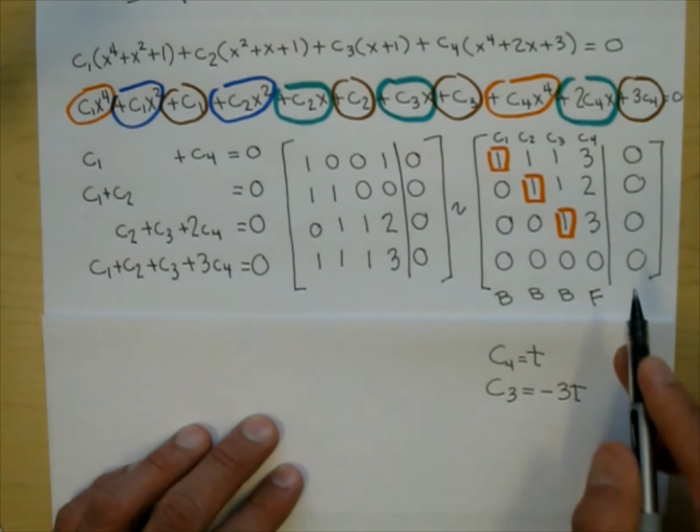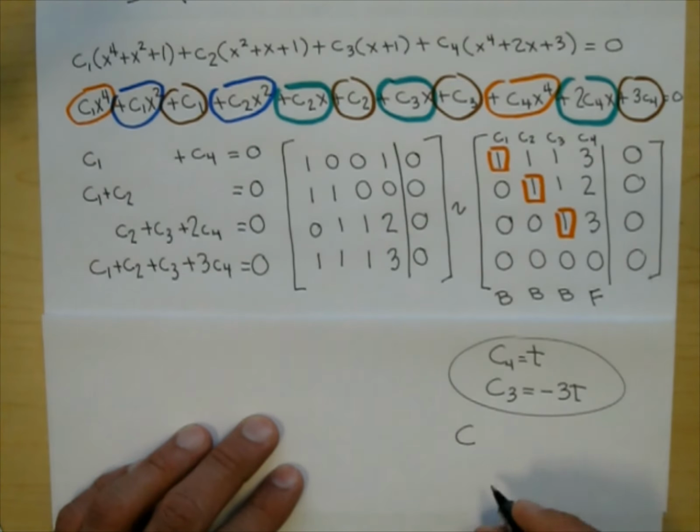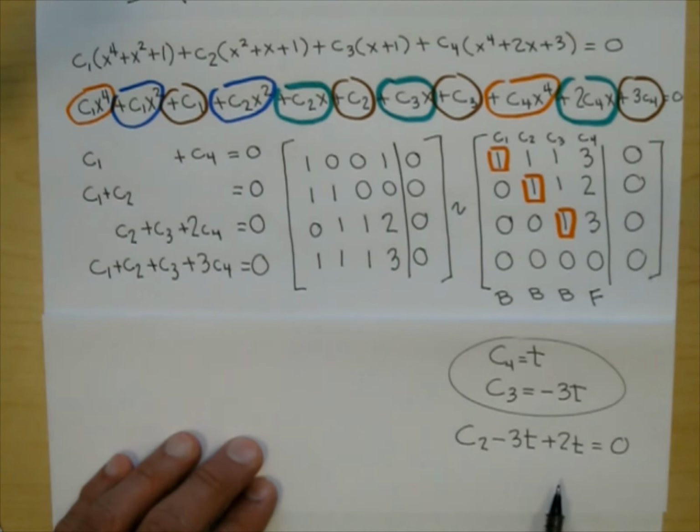The next one I have, C2, I'll write this one out. Okay, so we'll circle those. This is the second row. C2 plus C3, so actually it's going to be minus 3T, plus 2C4, so plus 2T, this equals 0. C2 minus T equals 0, so it looks like C2 is going to equal T.